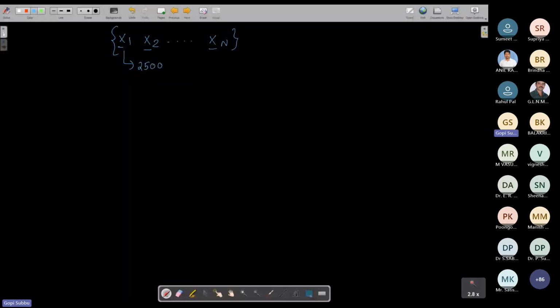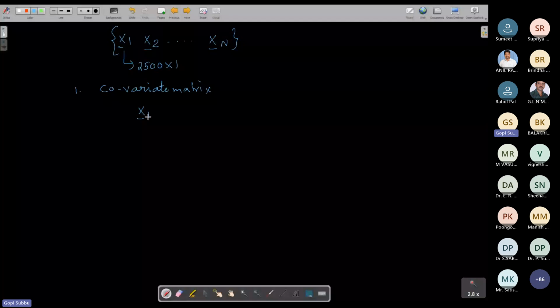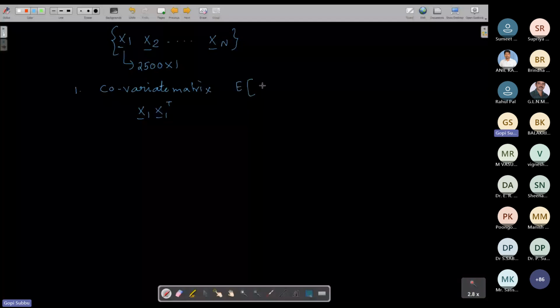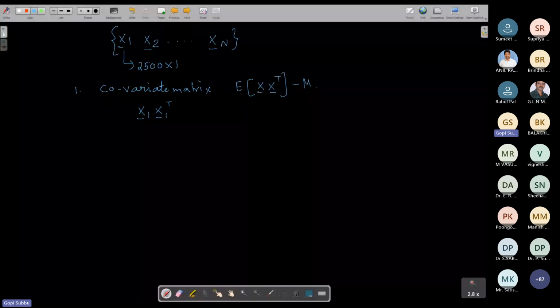The first step is to find the covariance matrix, so we need to estimate it. How do you estimate that? Basically, the covariance matrix is the expectation of x x transpose minus mu x mu x transpose.